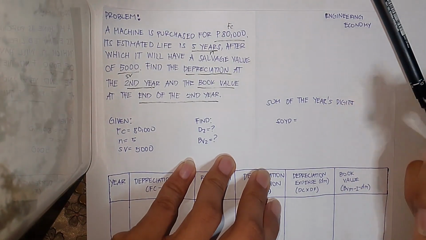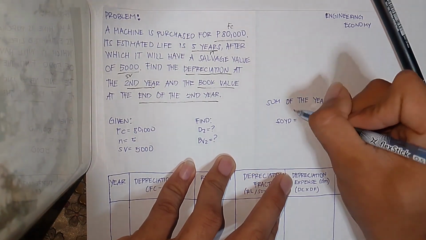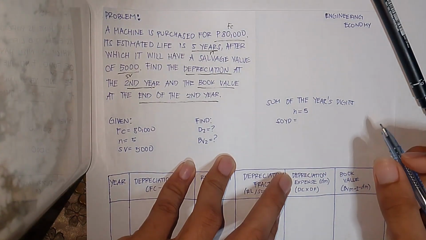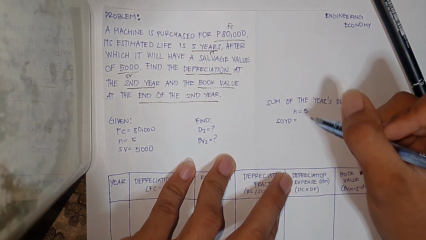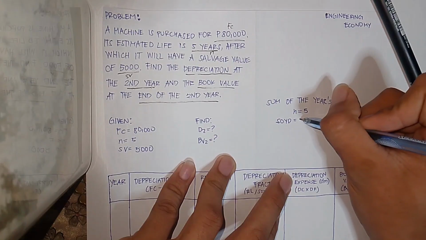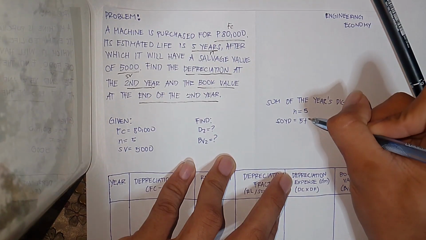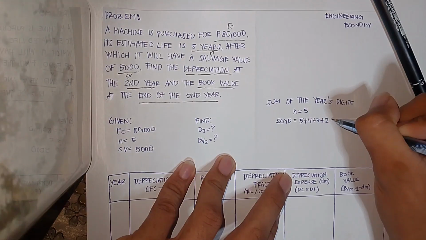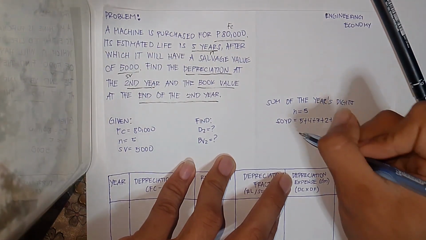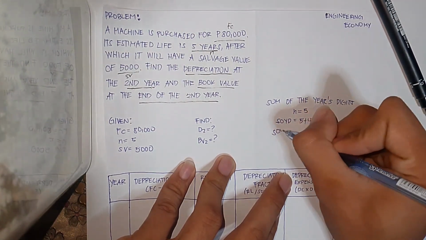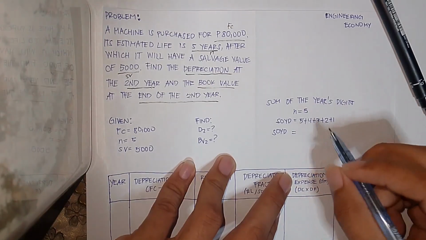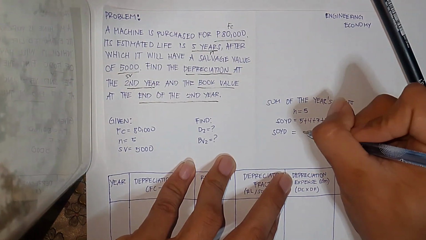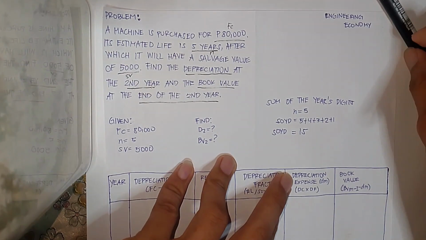So our N is equal to 5. The formula for SOYD is 5 plus 4 plus 3 plus 2 plus 1. Our SOYD is equal to 4 plus 3 is 7, 7 plus 3 is 10, so it's equal to 15.